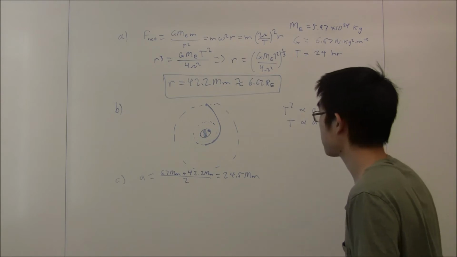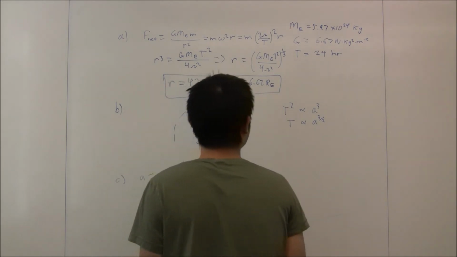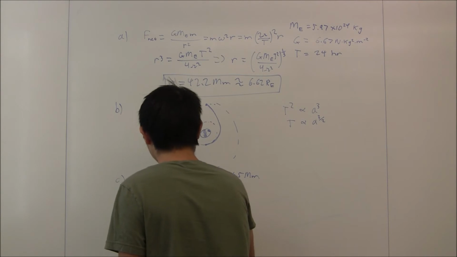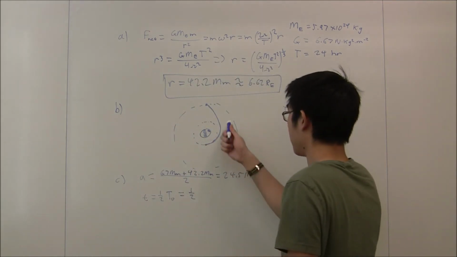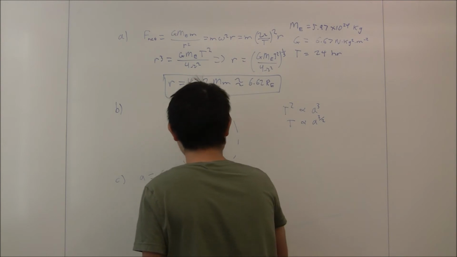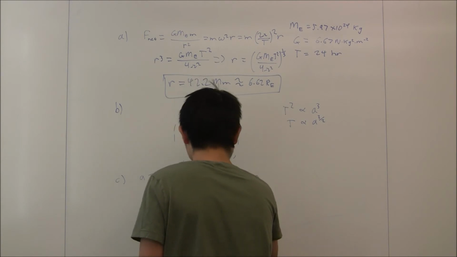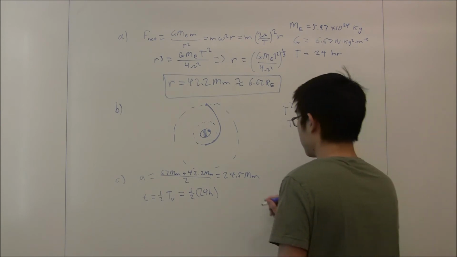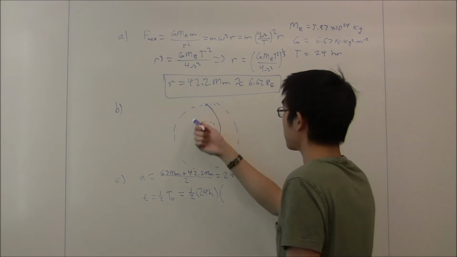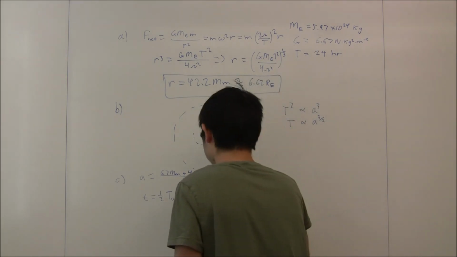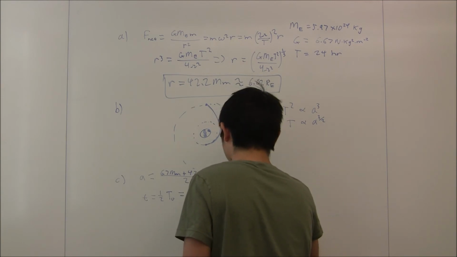Now this means that the time it'll take is going to be half the period, which we'll call big T naught, and the period is going to be the period of the outer orbit, which is 24 hours, times, well, we know that the ratio of the semi-major axis of the elliptical orbit to the outer orbit is given by 24.5 megameters over 42.2 megameters.